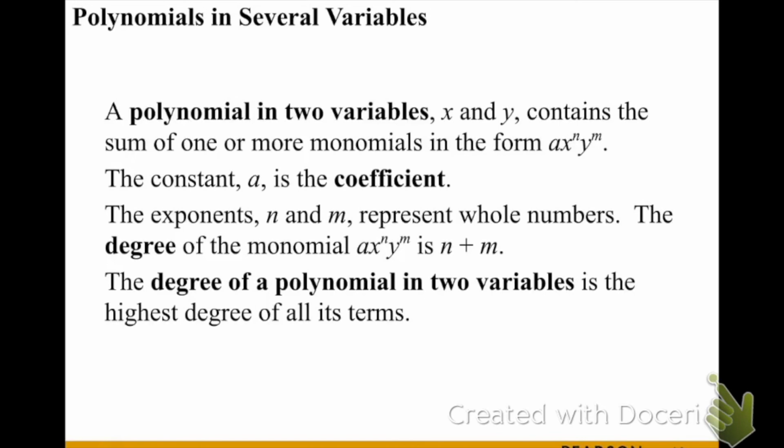The exponents n and m represent whole numbers, and the degree of that monomial is found by adding those exponents together. The degree of the polynomial in two variables is the highest degree of all its terms. So the term that has the highest sum of exponents is the degree of the overall polynomial.